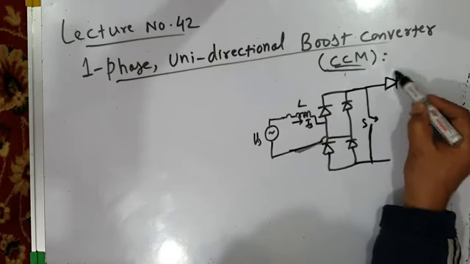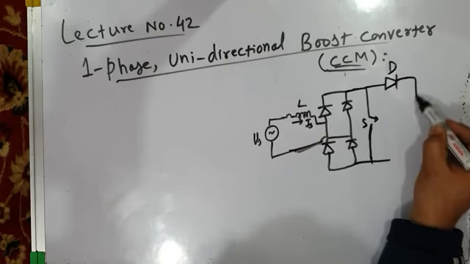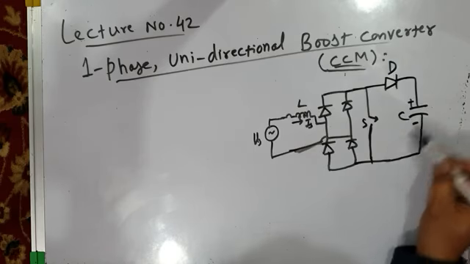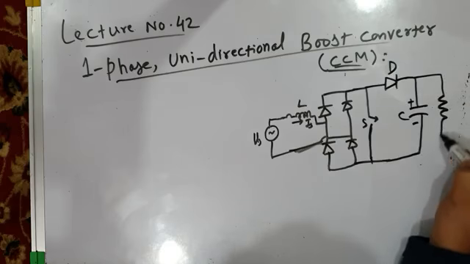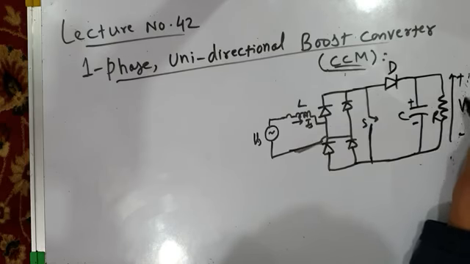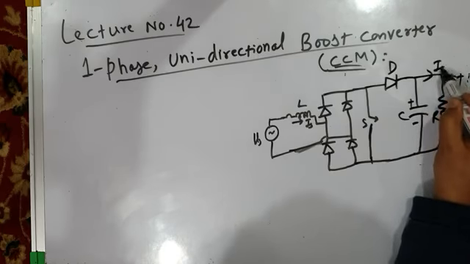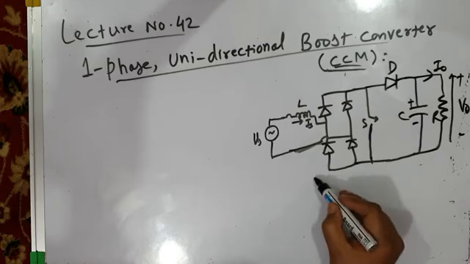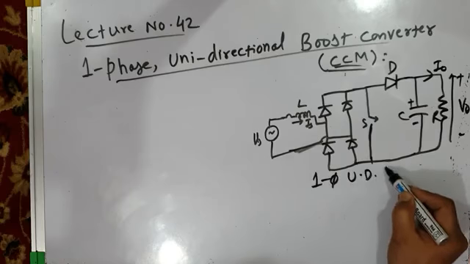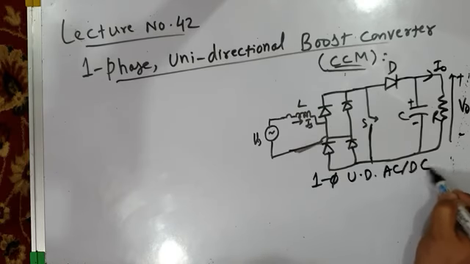You have a diode, a fast recovery diode, and on the output stage you have a capacitor C, and you have a load resistance R. The voltage across the load is plus minus V0, and the current through the load is I0. So this is a single phase unidirectional AC to DC boost converter.